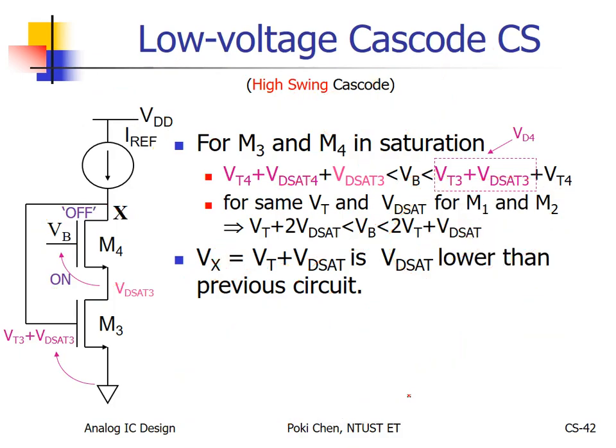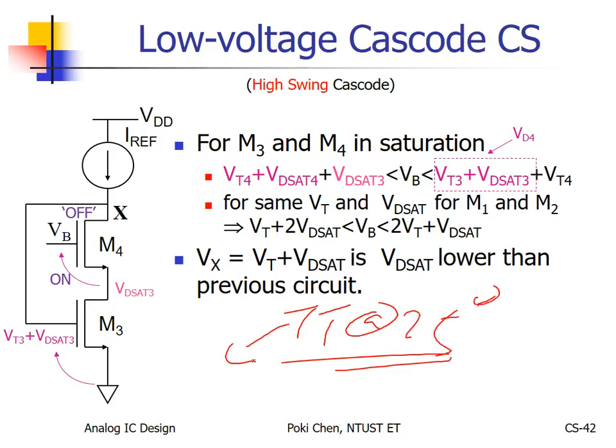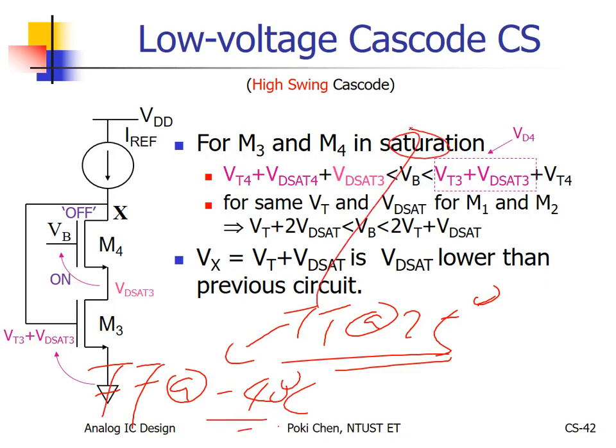Again, you simulate under such kind of condition, right? So the fastest condition, FF at lowest temperature, and the other extreme condition, the slowest, SS at the highest temperature.